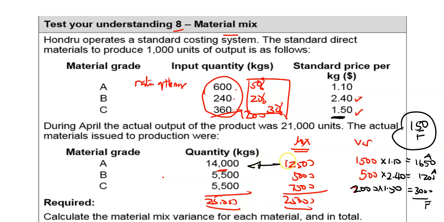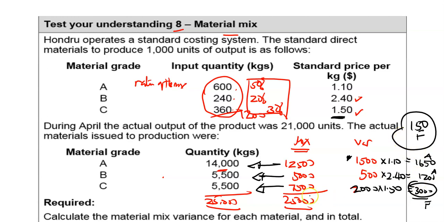You used 1,500 of that. Then you used a bit more of B, actually 500, but you used a lot less of C than you should have. That's where the saving really comes from. That's a 3,000 favorable, so you have 150 favorable. So this is the mix variance.